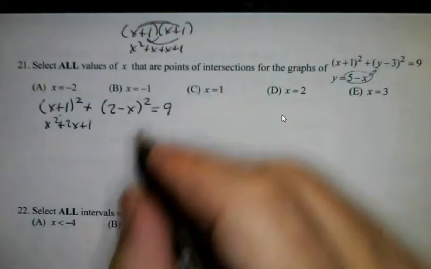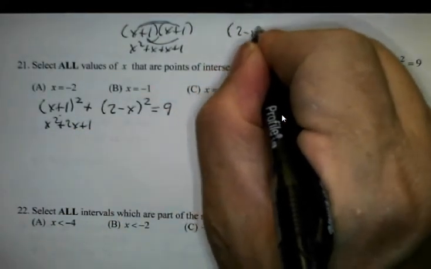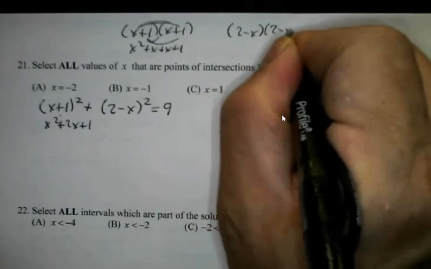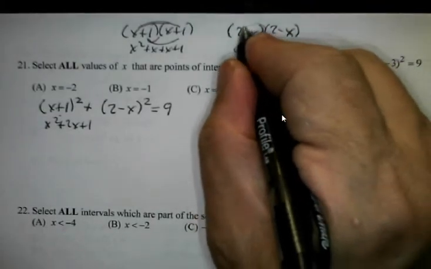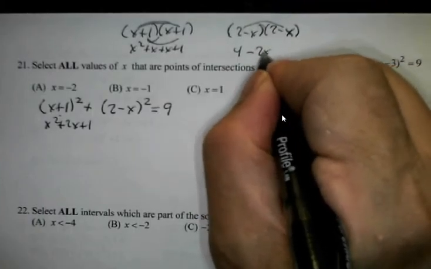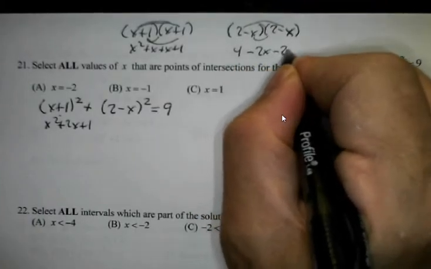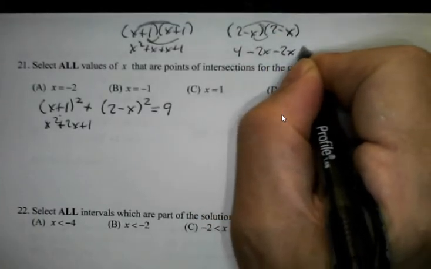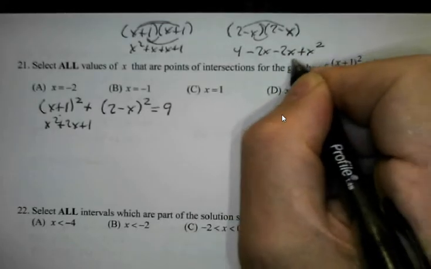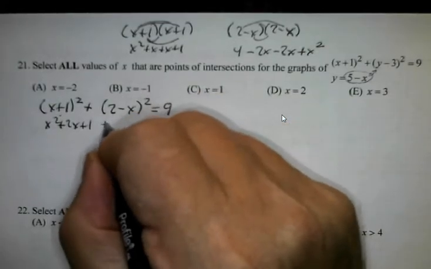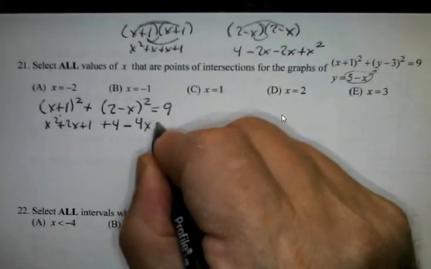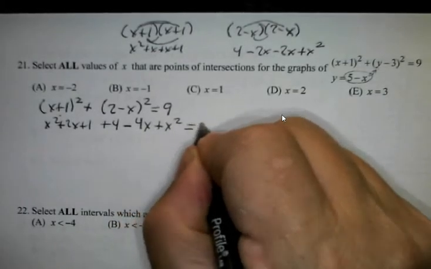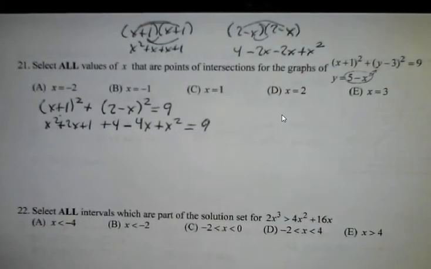Do the same thing with 2 minus x, 2 minus x squared. 2 times 2, 2 times negative x, negative x times 2, negative x times negative x. And I get 4 minus 4x plus x squared.